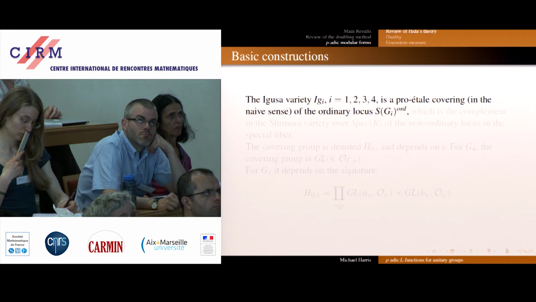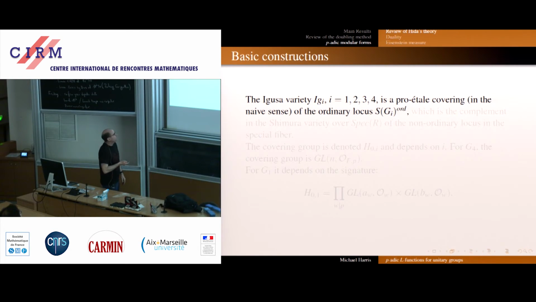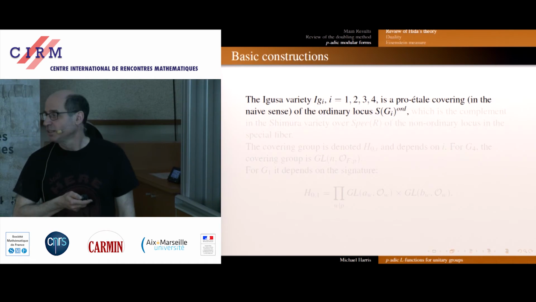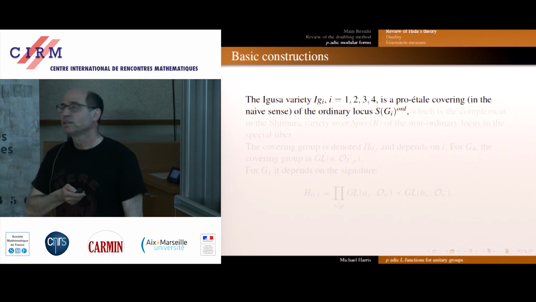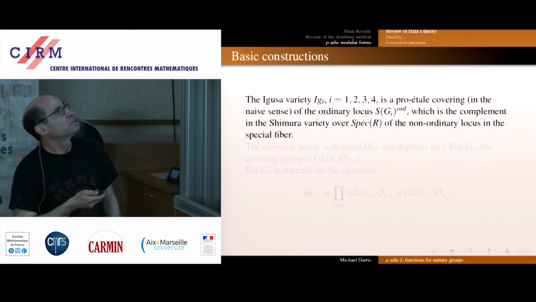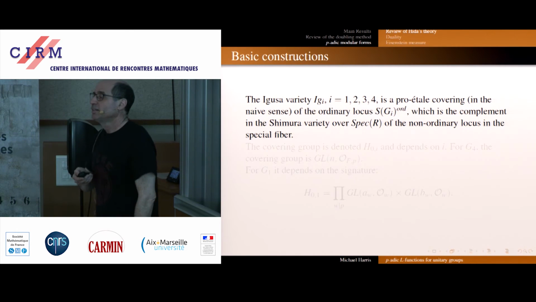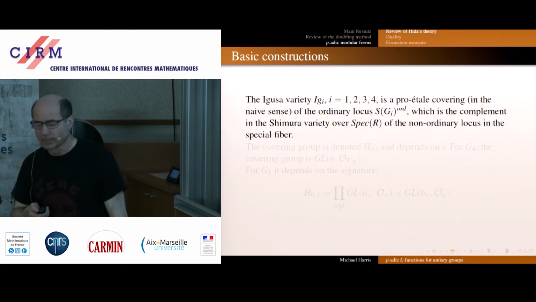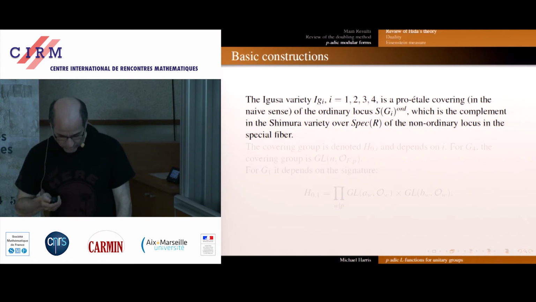Now, what are Hida families? So the Igusa variety is a pro-étale covering, not in a sophisticated sense, but just a pro-finite limit of étale coverings of the ordinary locus in the Shimura variety. What is the ordinary locus? This is what George Boxer just talked about in the setting of Siegel modular varieties.